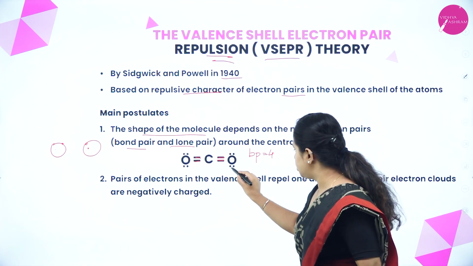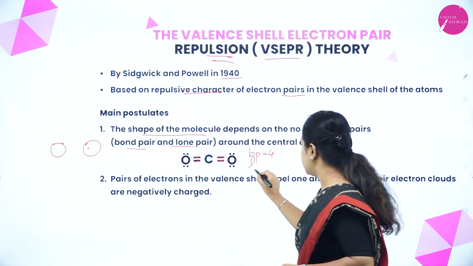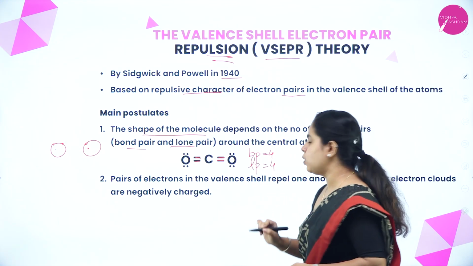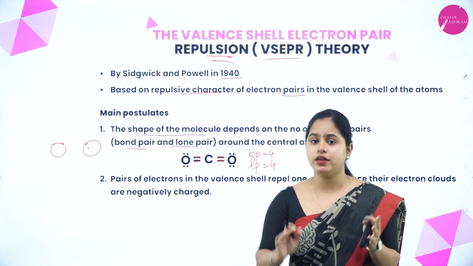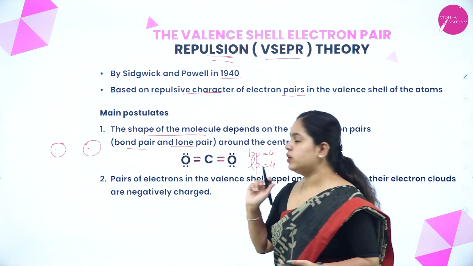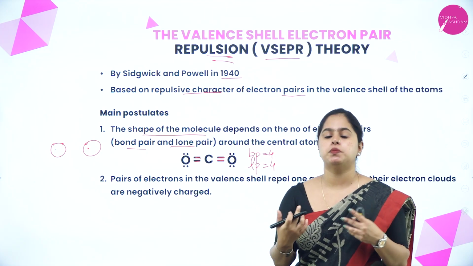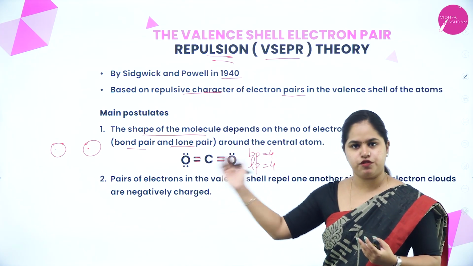So 1, 2, 3, 4, a total of 4 bond pairs, and 4 lone pairs are also present in this case. Clear? I hope you understood the difference between bond pair and lone pair. The shape of the molecule depends upon how many bond pairs and lone pairs are there around the central atom. That was the first postulate.